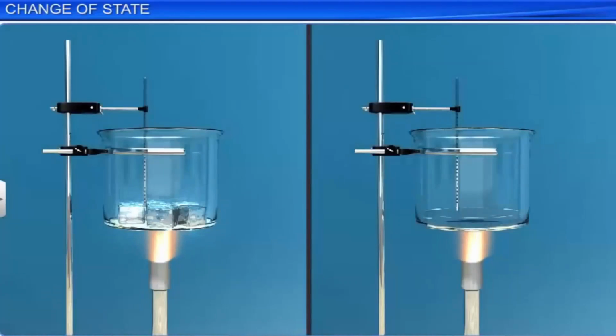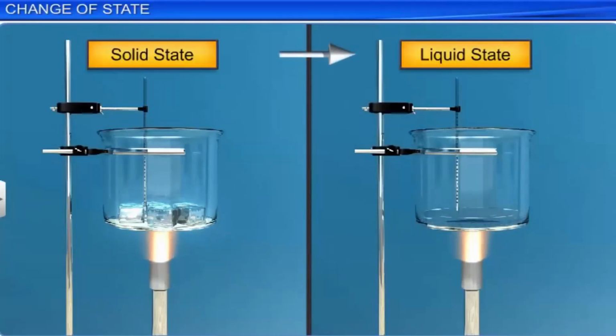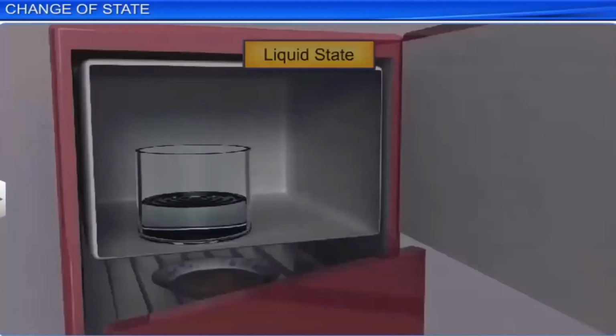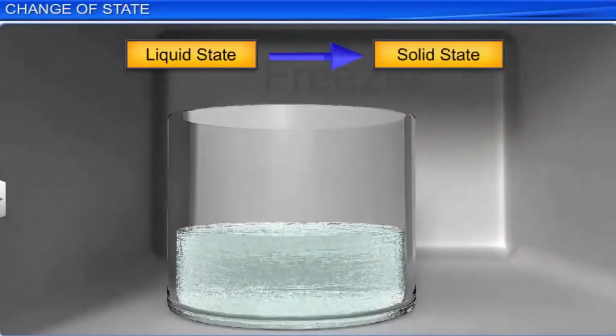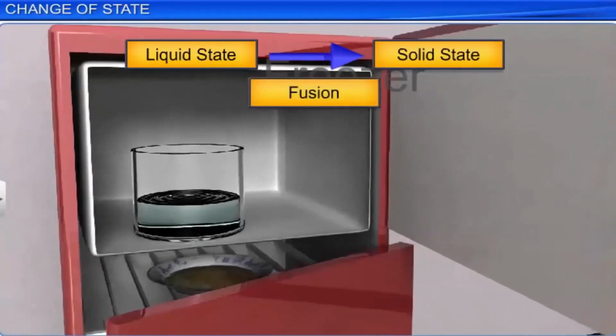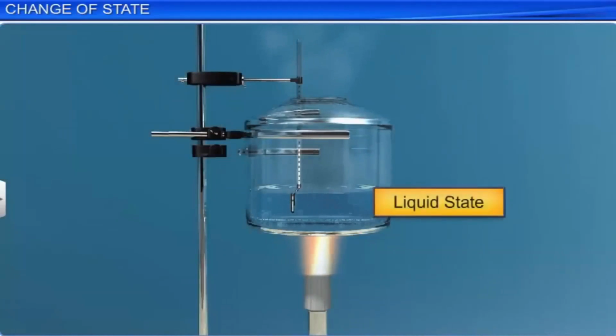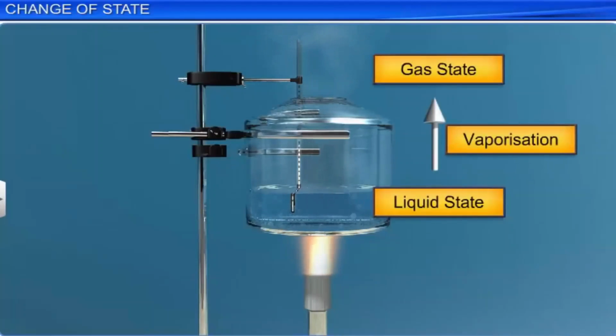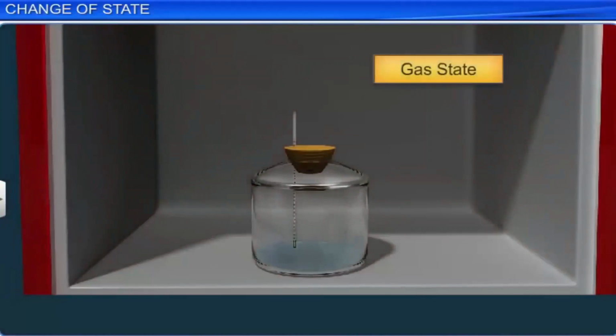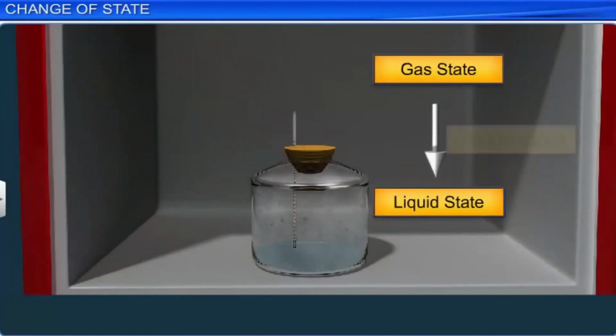The change of state from solid to liquid is called melting, and from liquid to solid it is called fusion. A change of state from liquid to gas is called boiling or vaporization, and from gas to liquid is called condensation.